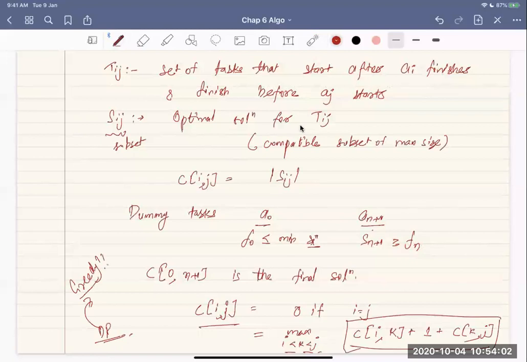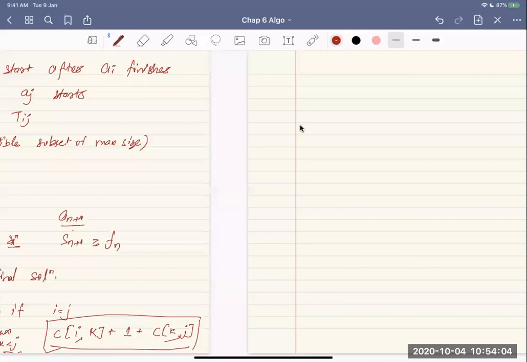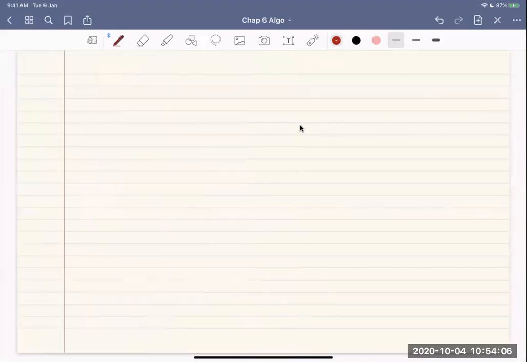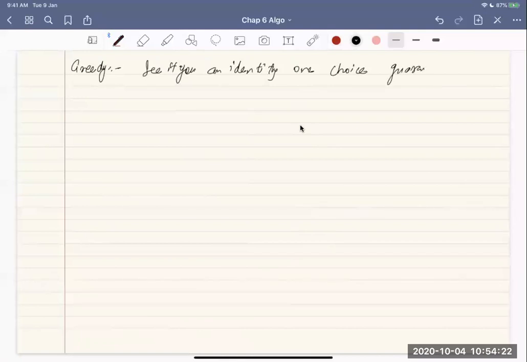So, greedy. Let's remember what we do in greedy. See if you can identify one choice guaranteed to be in at least one optimal solution.